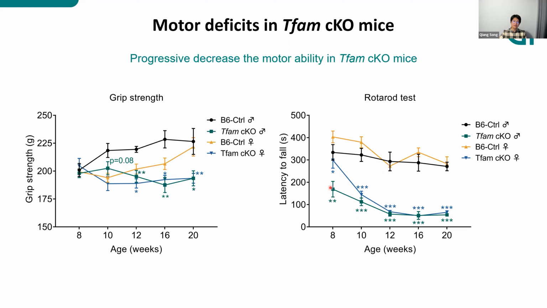In the rotarod test, 8-week-old T5 CKO mice also have motor ability deficiency. The female and male groups also have a similar decrease pattern.